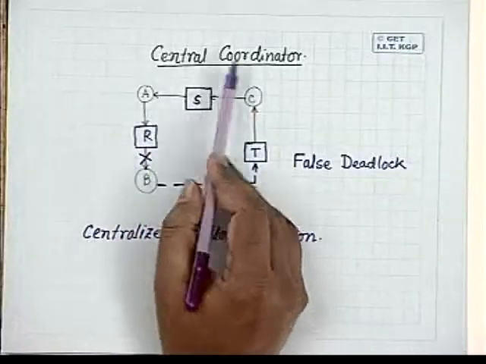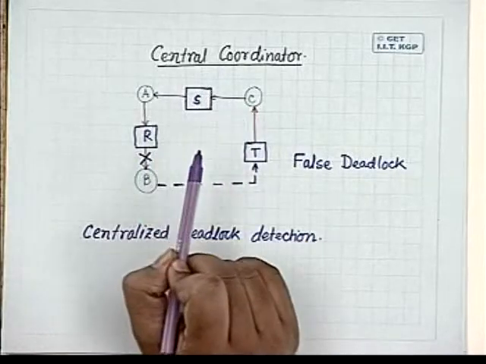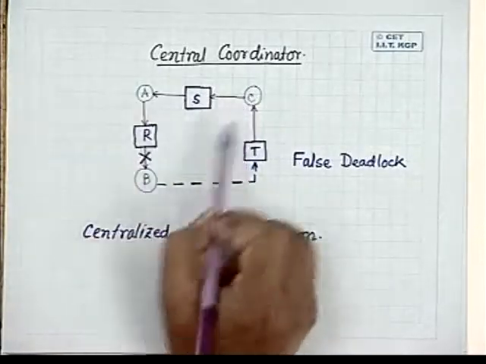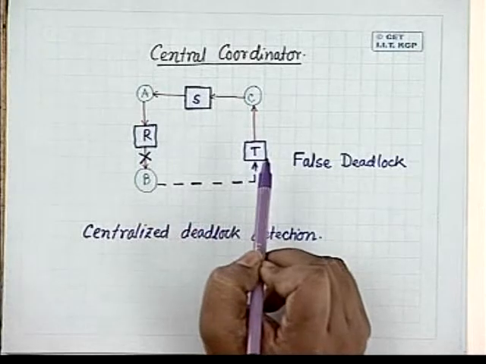One criterion can be that a process which has been executed for the maximum amount of time will be retained, and a process which has been executed for the minimum amount of time will be terminated. Some such criteria can be used by the central coordinator to kill a process. If you kill any of these three processes, the system will come out of deadlock.